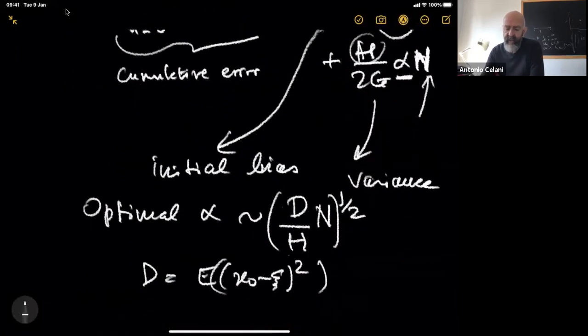With the numbers that I'm not writing because I will certainly mess it up now, and I don't have them written on my screen. But the basic idea, as you see, is this trade-off. If your d is large, if your distance from the initial point is large, then you want to have a large alpha. If your variance is large, then you want to have a small alpha. And this is the compromise.